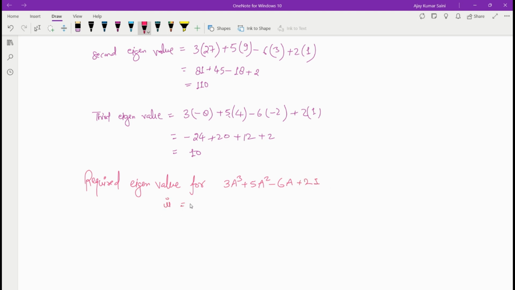There are three eigenvalues: 4, 110 and 10. This is our final answer. In the next video I will tell you about the Eigenvector.